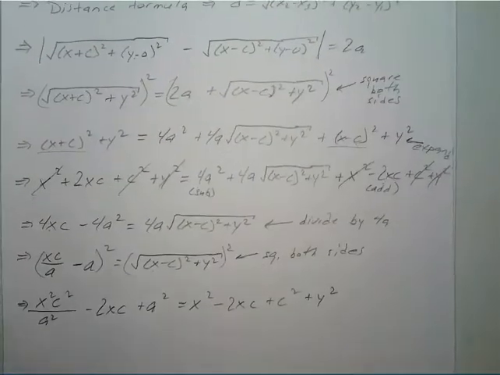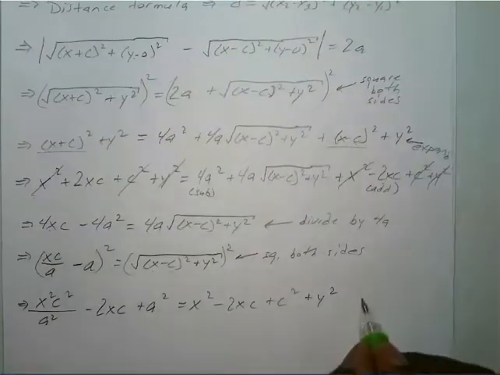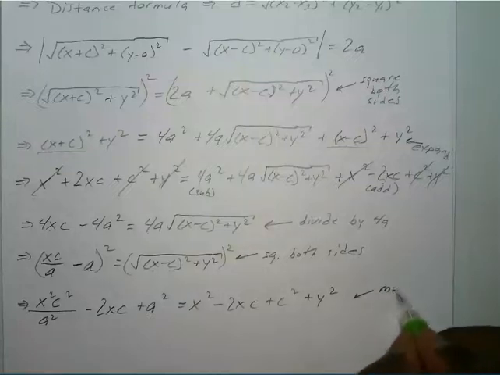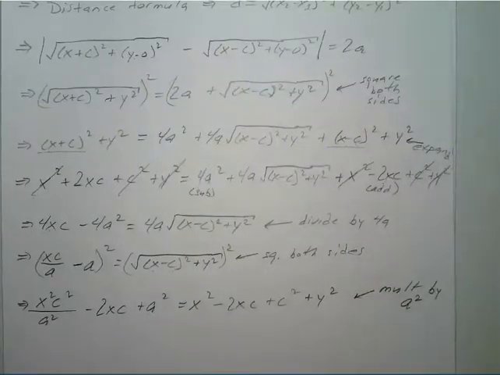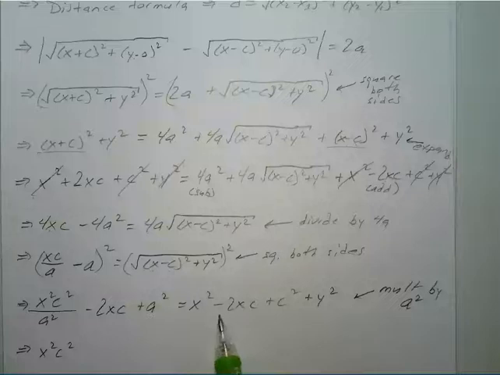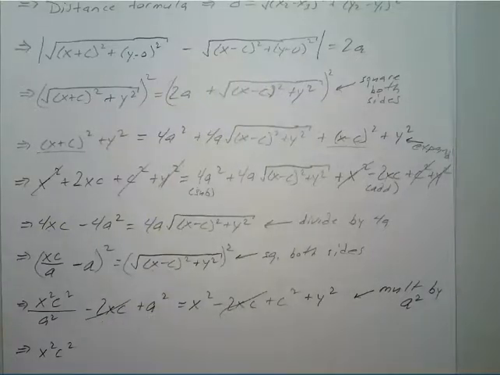All right, so now just to get rid of that fraction, we're going to multiply every term by a². So if we multiply this one by a², we get x² times c². Actually, before we get going, we can cut back on a little bit of our work, because if we add 2xc to both sides, those two disappear.